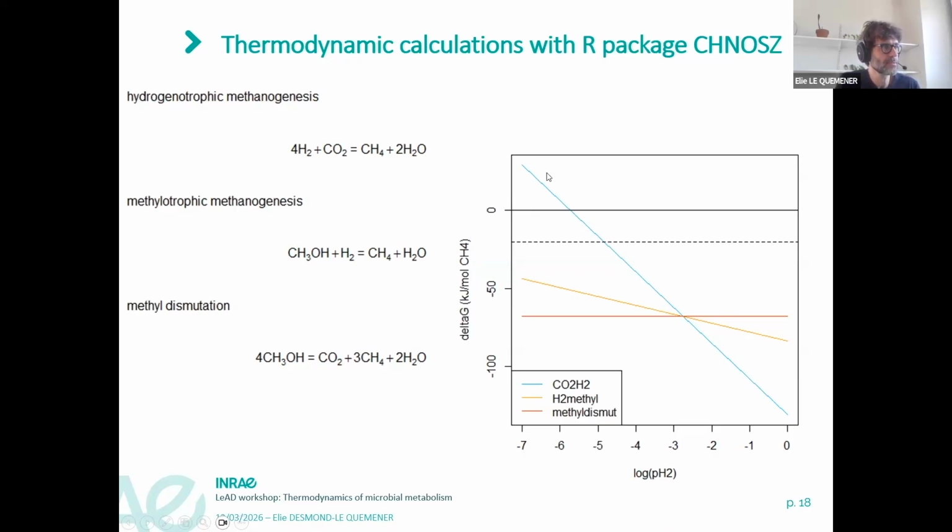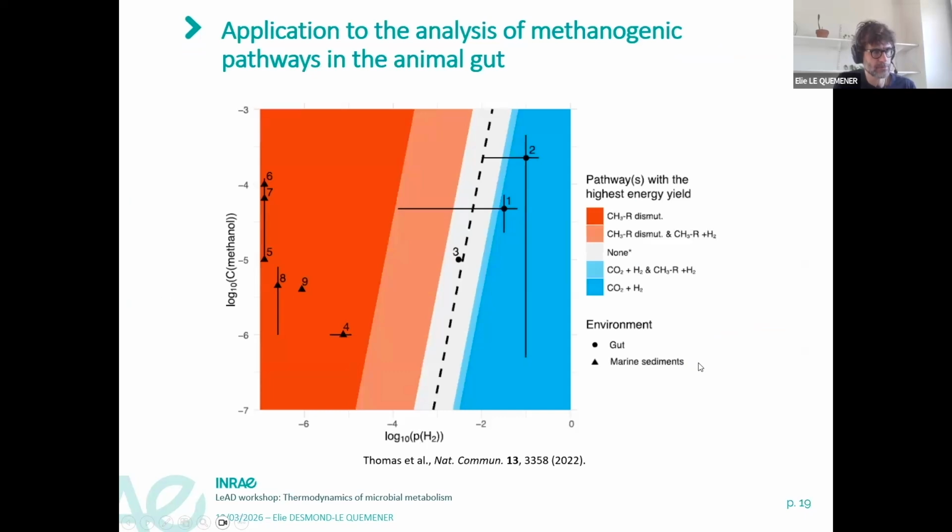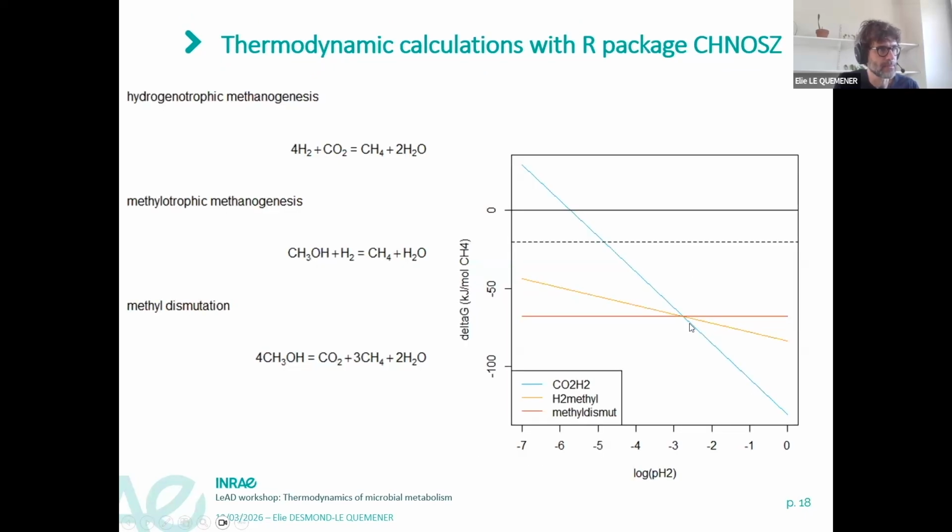But it's also interesting because it means that if you try to understand which microbe will get the most of the energy, you see that if you have high partial pressure of hydrogen, so on the right, the lowest delta G will be the one with the blue metabolism, so hydrogenotrophic methanogenesis.